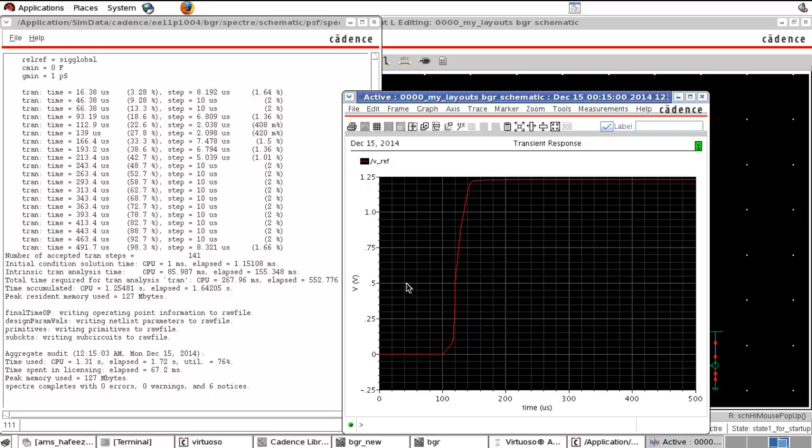So with this video we are stopping the discussion on the bandgap reference. We discussed the different types of bandgap reference, and we simulated different types of bandgap reference. Then we designed the startup circuit for different types of bandgap reference.